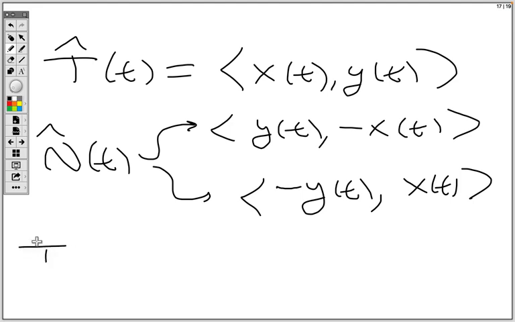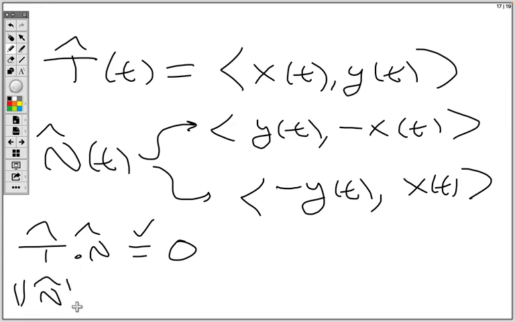You can verify that if you take the dot product of either of these, you're going to get 0. And if you look at the magnitude of either of these, no matter which one you get, look what happens. You get a y squared plus a negative x squared, or you get a negative y squared plus an x squared. In either case, what's going to happen to that negative when you square it?